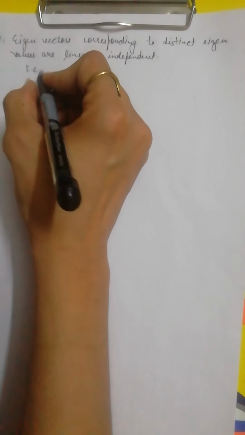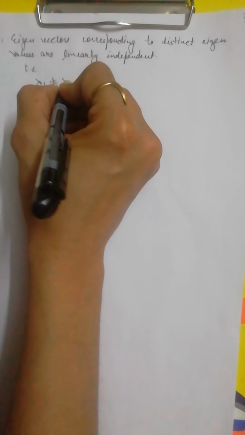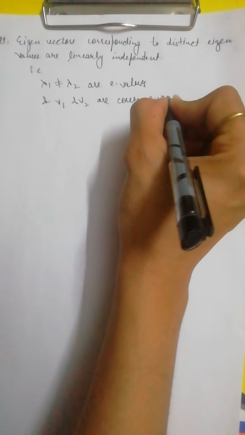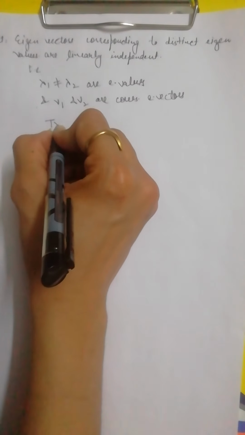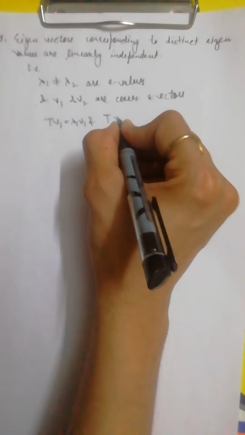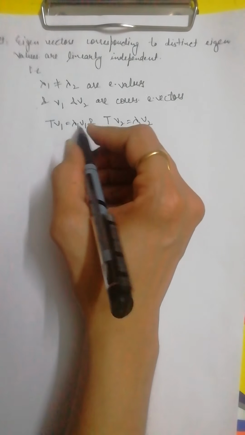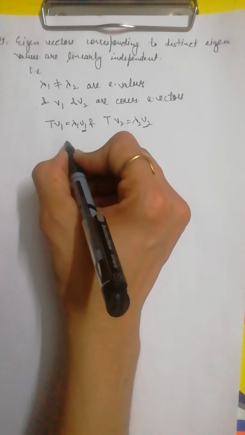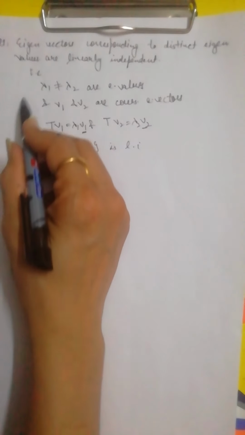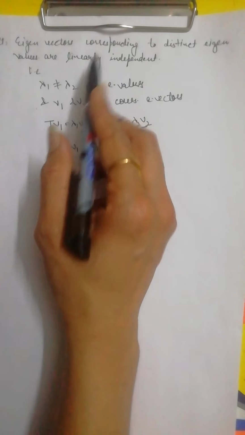That is, if lambda 1 and lambda 2 are distinct eigenvalues and v1 and v2 are corresponding eigenvectors, that is, T v1 is equal to lambda 1 v1 and T v2 is equal to lambda 2 v2, then the set v1, v2 will be linearly independent. This is the idea of this theorem.